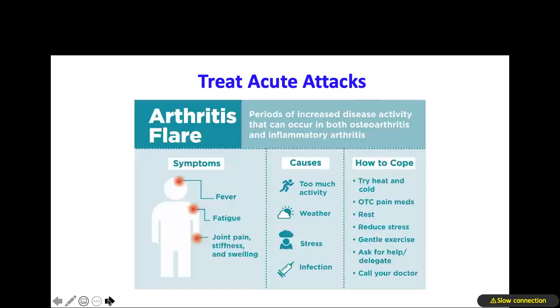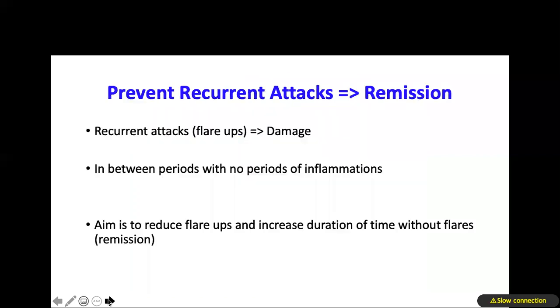So in arthritis, there are periods where the disease is very active. So this can happen in osteoarthritis and in any type of arthritis that I am going to talk about. Then we also need to prevent recurrent attacks.